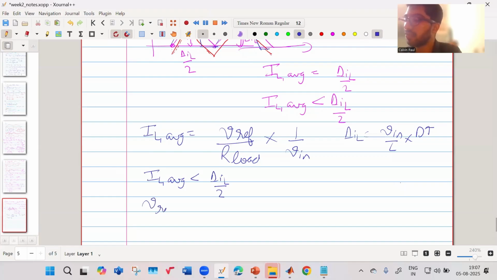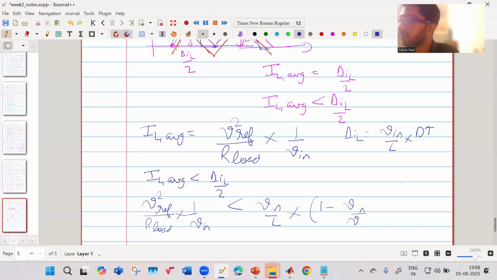So, your Vref, it's Vref square. Vref square by R load into 1 upon V in is less than V in upon L into 1 minus V in upon Vref.